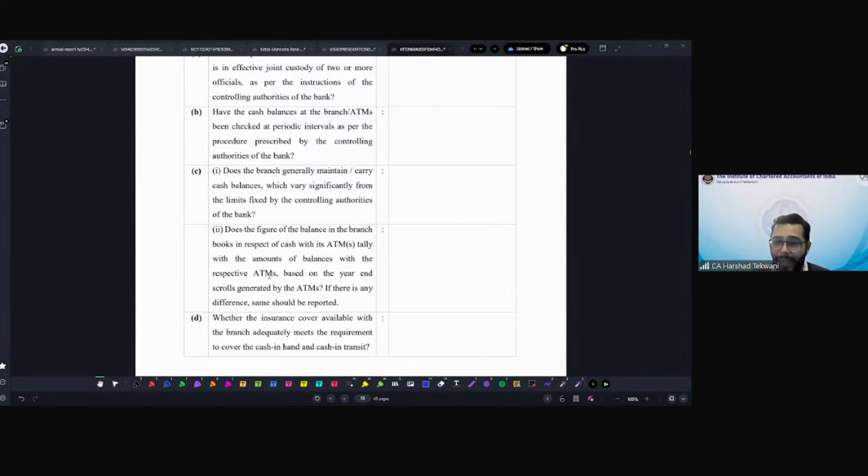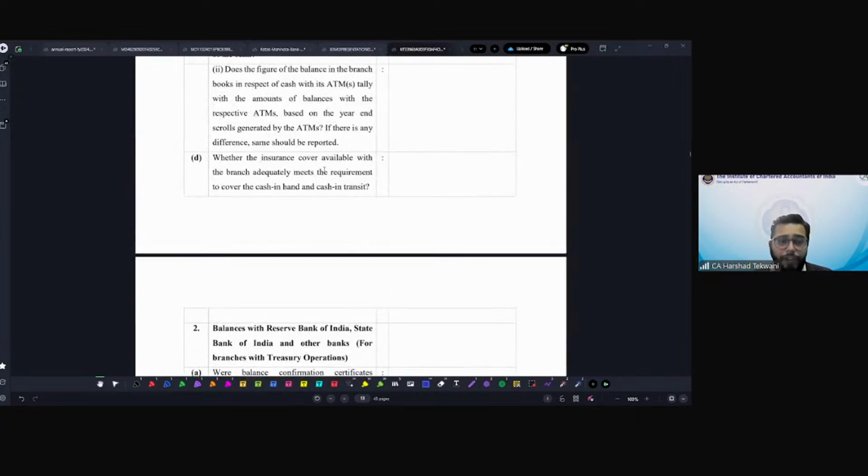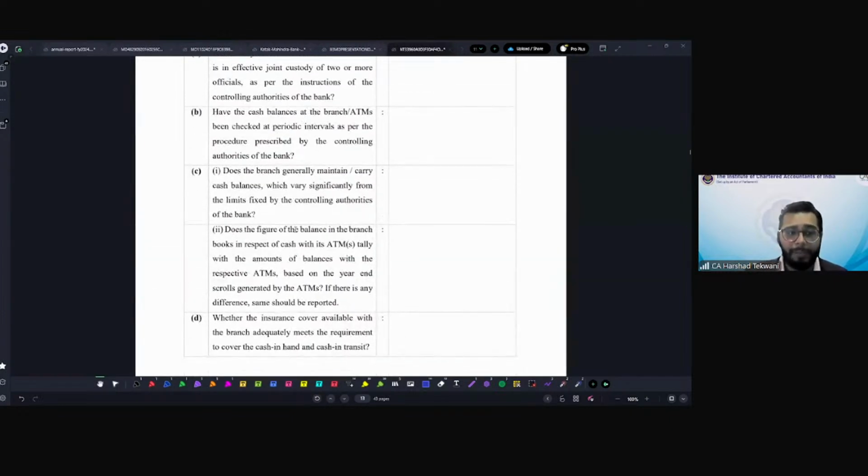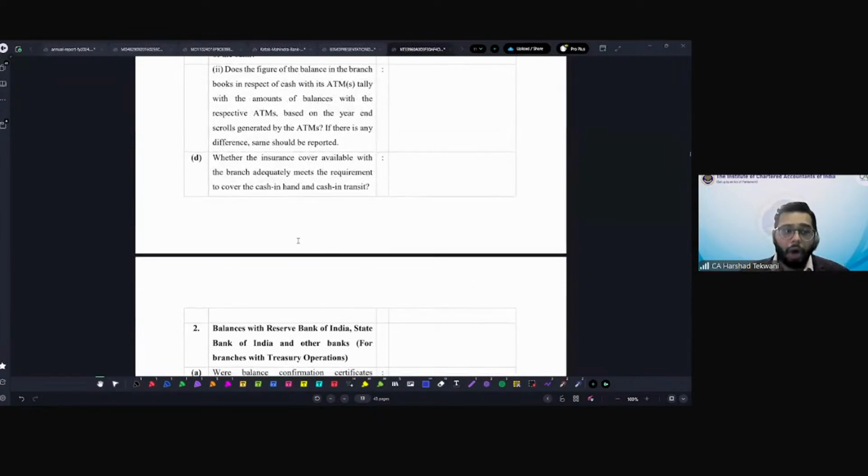So the cash balance in the books for the ATM, virtual versus the actual ATM cash. Then whether the insurance cover is available with the branch for the cash in hand or cash in transit. So till the time you are not aware of these requirements, like what is the minimum threshold with respect to cash handling or insurance, or what are the other requirements with respect to the bank, you will not be able to report over here.